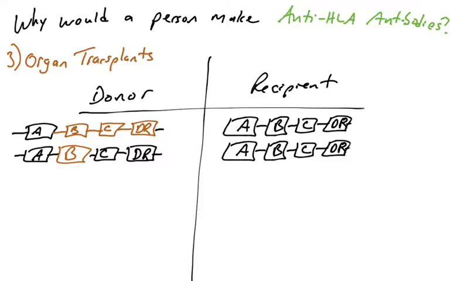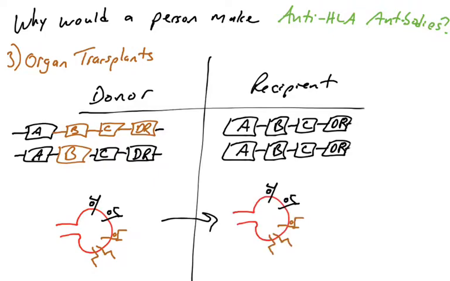So let's say the recipient needs a kidney, and the donor, well, we match 4 out of 8. So the donor's kidney is removed and sent into the recipient. Now, there are MHC molecules on the surface of the donor's kidney cells and other cells that you're going to find in the kidney.